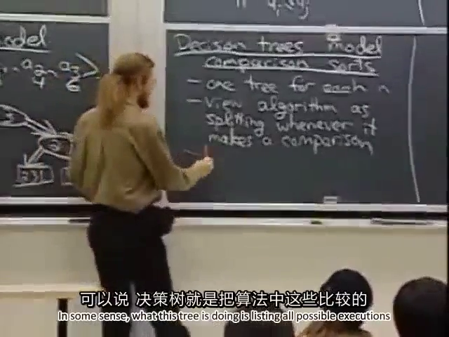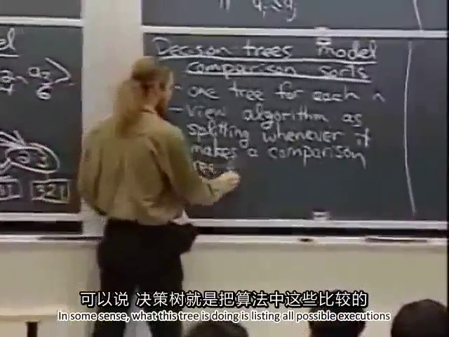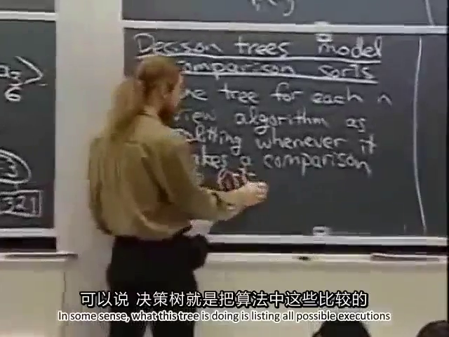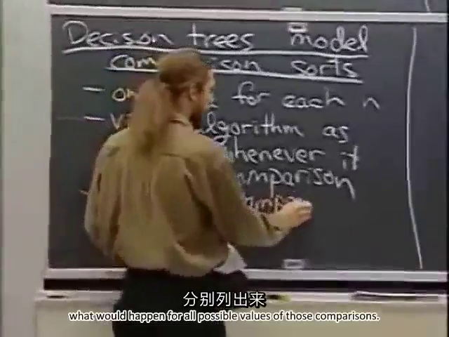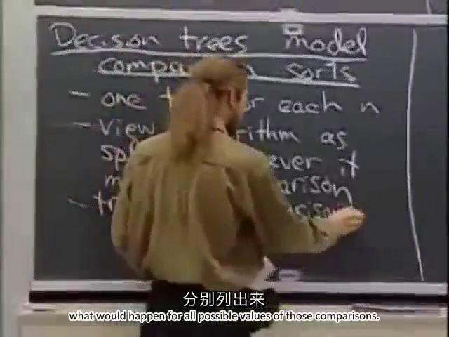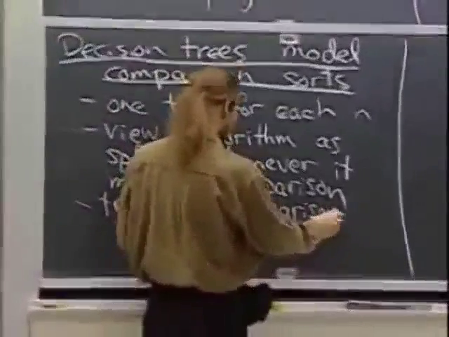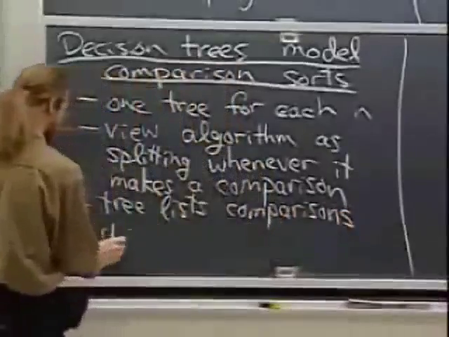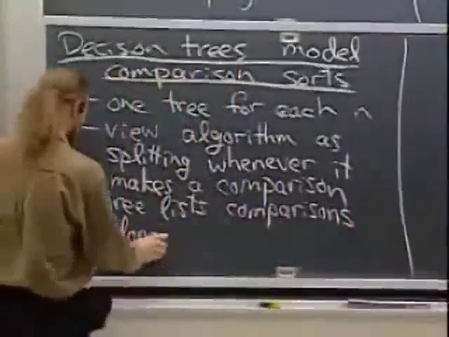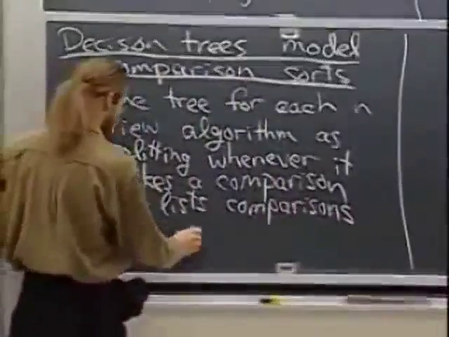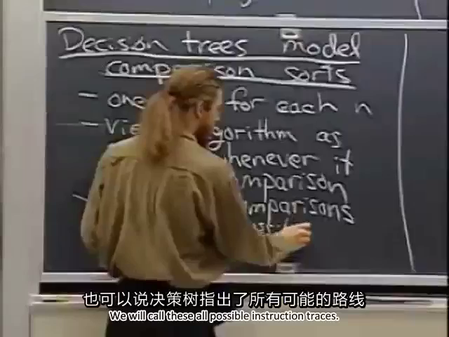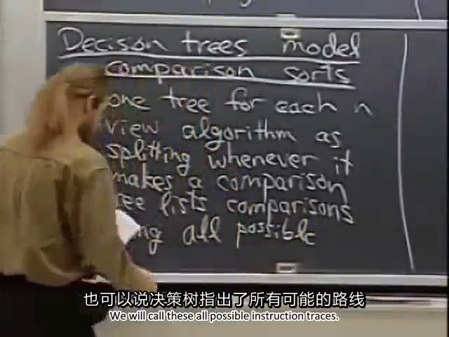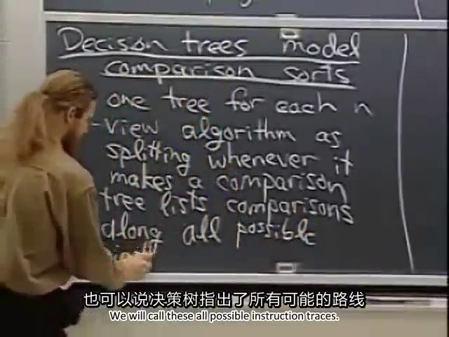So in some sense, what this tree is doing is listing all possible executions of this algorithm, considering what would happen for all possible values of those comparisons. So we'll call these all possible instruction traces.